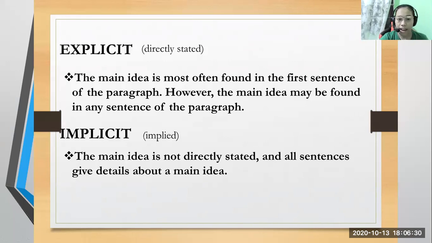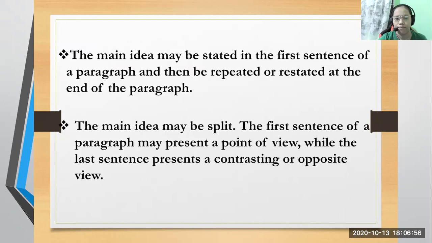But you have to be able to understand and connect all the details in the text and then come up with the main idea. You are the one who needs to think on what is the main idea being stated by the text implicitly. In other words, you cannot read it there directly. You have to think about it.